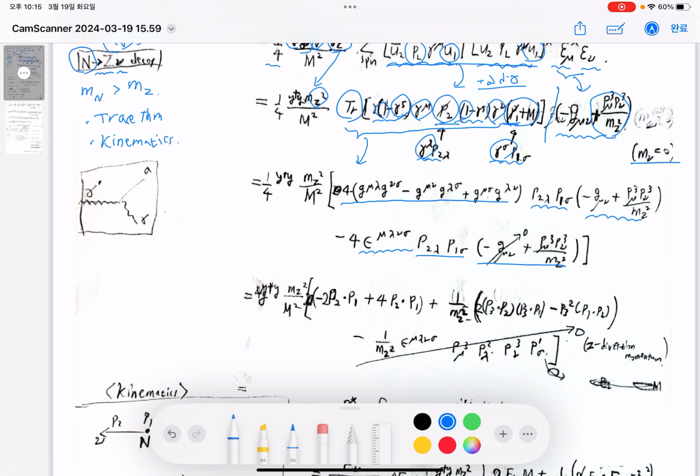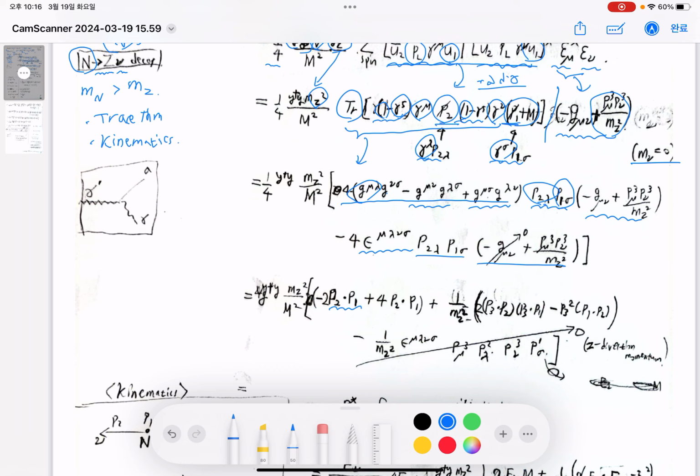For example, there is lambda here, so it becomes p2 mu, and the g nu sigma raises the momentum index of p1 sigma, so it becomes p2 mu p1 nu, and there is g mu, so it becomes p2 dot p1. Similarly, we can construct all the indices of the matrix and the momentum.